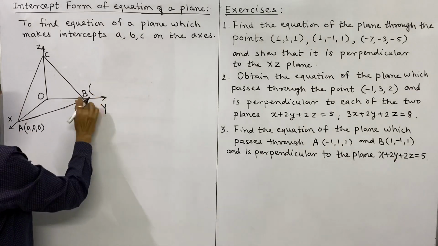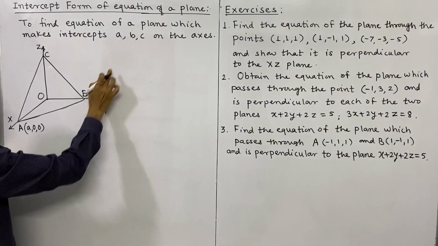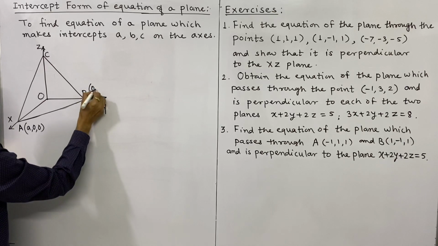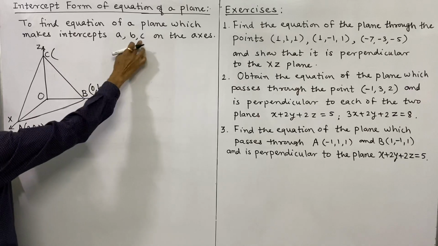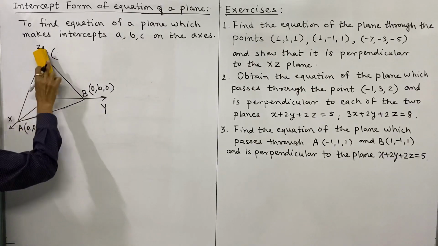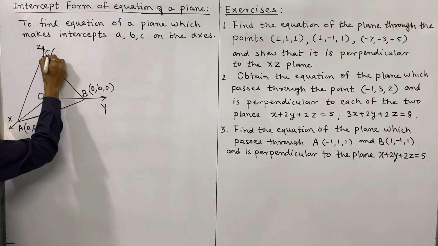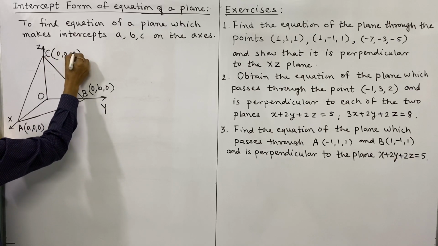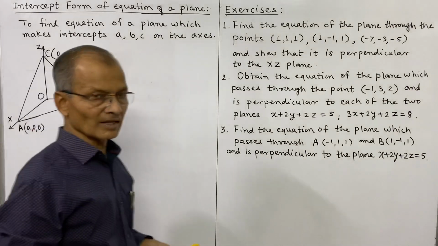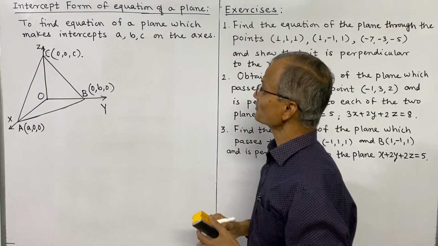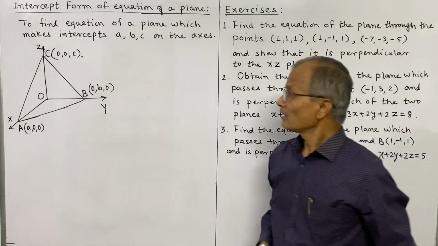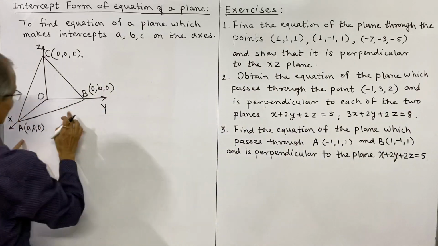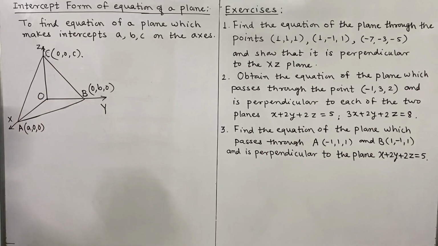It meets the y-axis at point B, and the y-intercept is b, means the coordinates of this point B will be (0, b, 0), and similarly the point C will have coordinates (0, 0, c). This is the meaning: the plane has intercepts a, b, c on the x, y, z axes, and therefore it cuts the axes at these points A, B, C, and we want to find the equation in terms of these intercepts.